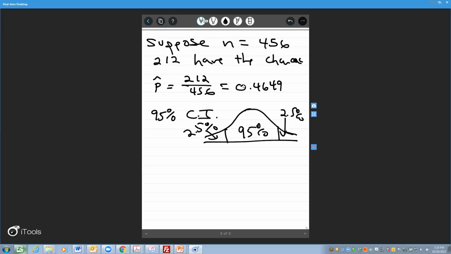To come up with the value I'm going to need to use for z sub 0.025, I can look in the t-table in the 0.025 column and the infinite row.